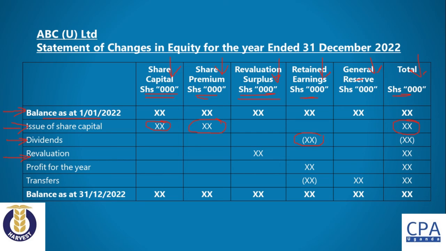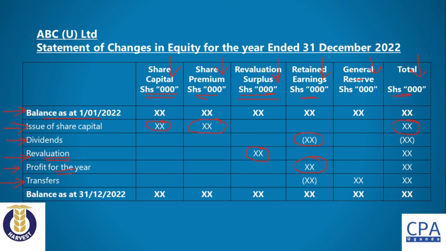Then we shall also recognize any increase in the value of our non-current assets, which is the revaluation, and as you can see, this is captured under the revaluation surplus. Then you will also need to recognize the profit for the year, that is the balance after payment of taxes, which is recognized under retained earnings. And then finally, you need to recognize any transfers either from reserve or to the reserve.